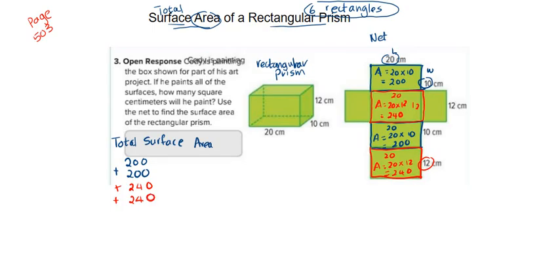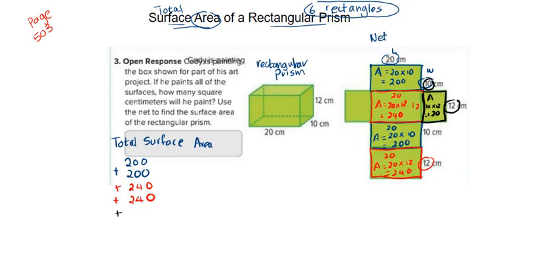If we go next to the side rectangles, you can see the right side. Here the dimensions of the right side are 10 by 12. So the area here will be 10 times 12, which is 120.